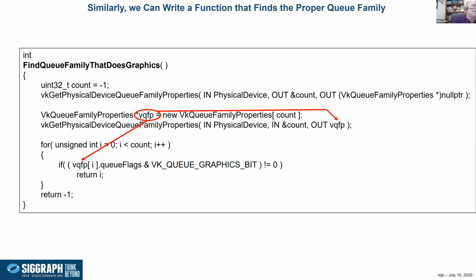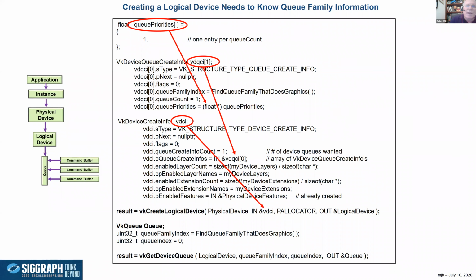And so just like there's a find host visible memory, there's also this little helper function in the sample code, find the queue family that does graphics. And so it returns to you one that it found. All right, so that's just to make sure you're using the correct queue. You can set up queue characteristics. That's what's going on here. Here's finding a graphics queue. There's a way to set queue priorities.